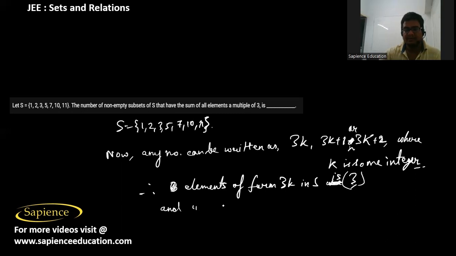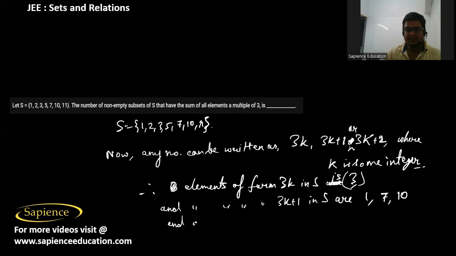And then the elements of the form 3k plus 1 in the set S are 1, then 7, then 10.